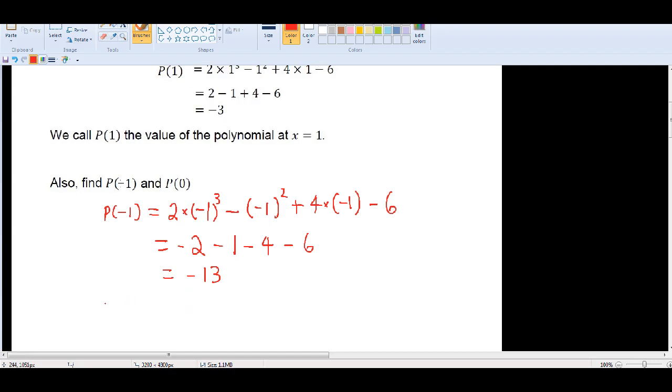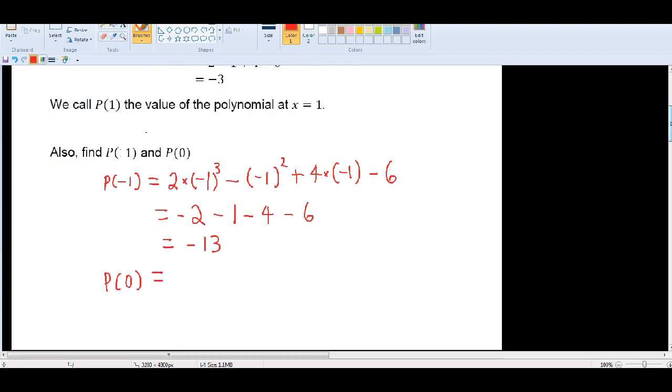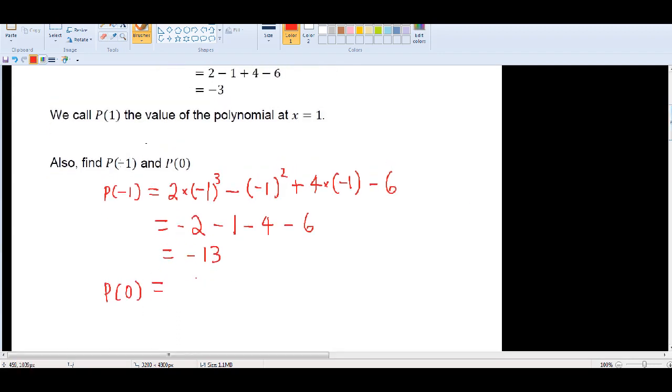How about 0? For the same polynomial at x equals 0, you just substitute that 0 into x on the right hand side. That's what I'm doing. This time I'm not going to add a bracket because this number is not a negative number.